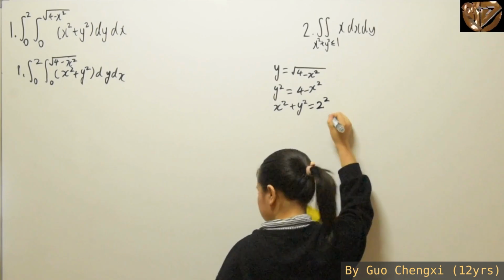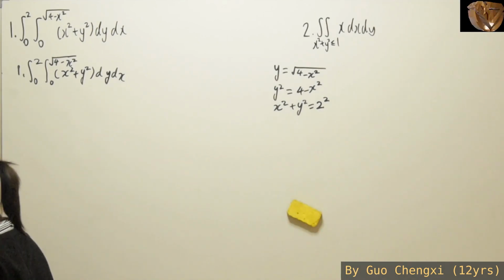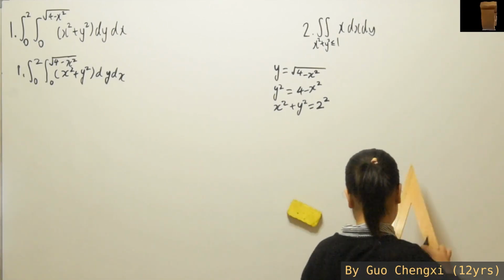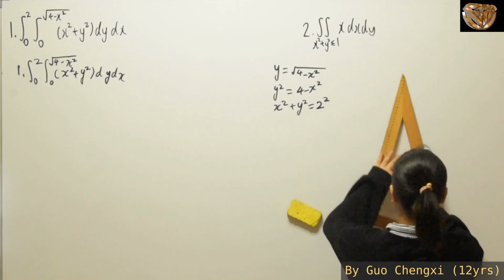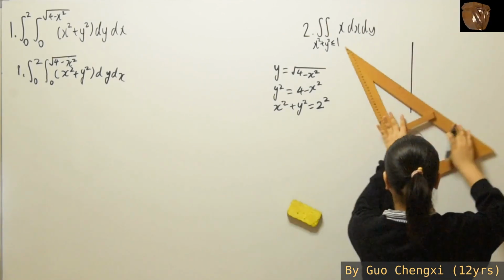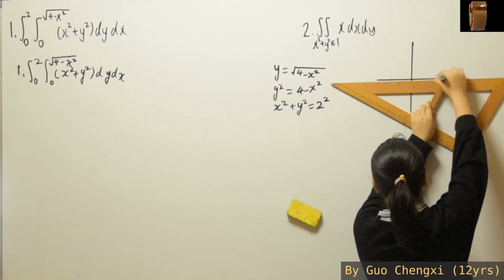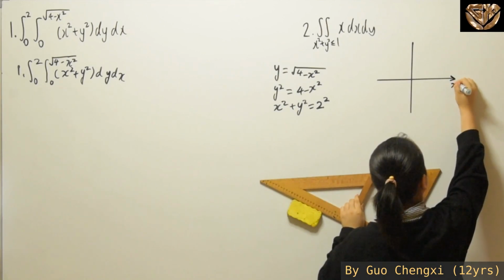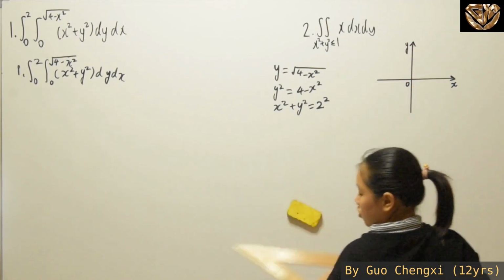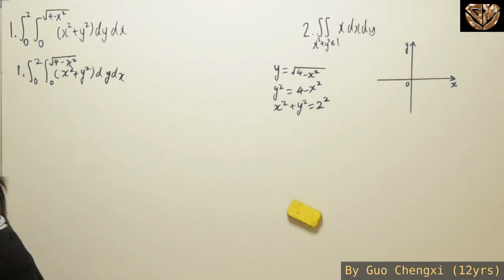Now that we have gotten this, you should know how to draw it. According to what we have over here, it is supposedly a circle.